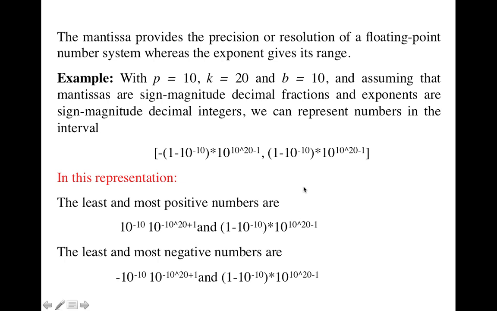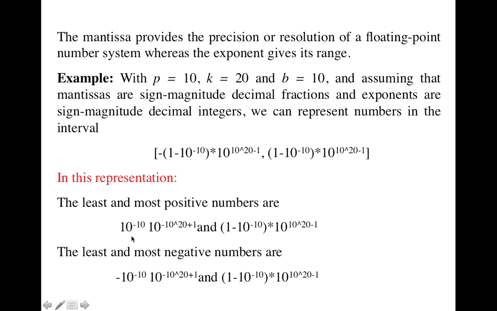Now, the least and most positive numbers: the most positive number we already figured, that would be this number. But the least positive number would be 1, where we still assume that the sign is plus, of course. We assume that the exponent has to be minimum, and then the mantissa must be minimum.